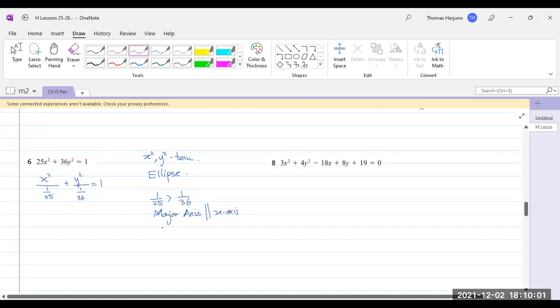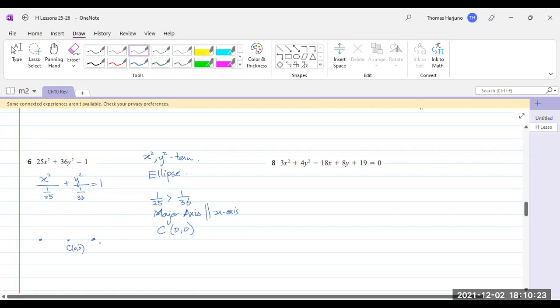In fact, the center is 0, 0. Let me write it here. Let's say this is the center, and I go to the left and right as far as a units, which is 1/5. The center is 0, 0.